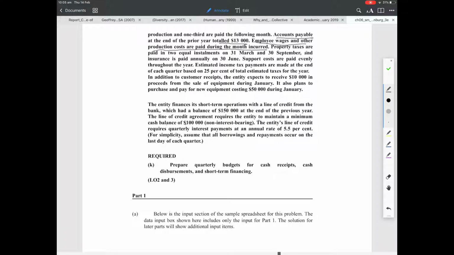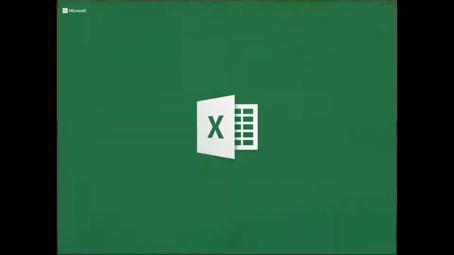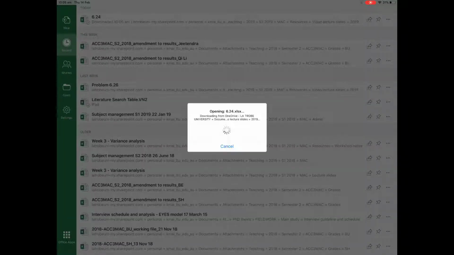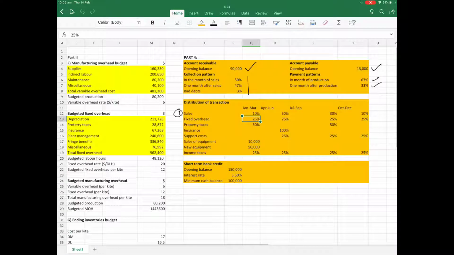So we have to work out how much we produce each month first, and then we can work out how much we pay for other production cost. But there's one portion of the production cost that you can predict now, which is the fixed part of manufacturing overhead. The other fixed overheads are equally distributed, so I put 25% each quarter.